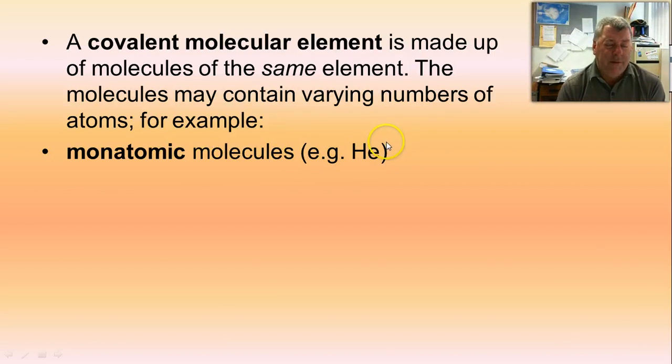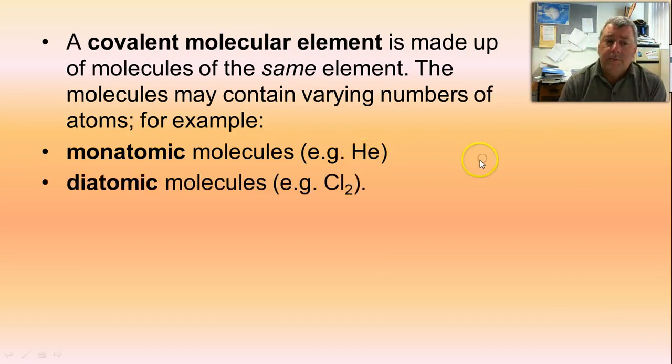Now it's a bit weird chemistry terminology, like helium occurs as single helium atoms. Is that really a molecule or an atom? The physicist in me says that's just an atom, but the chemist says that's a molecule. It's a monatomic molecule. Whereas a diatomic molecule, the di suggesting there's two, would be something like chlorine, Cl2, that we've mentioned before, or O2, oxygen.